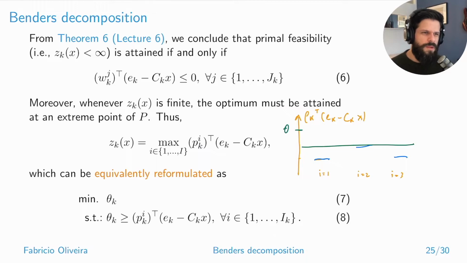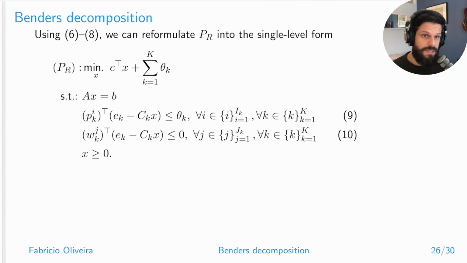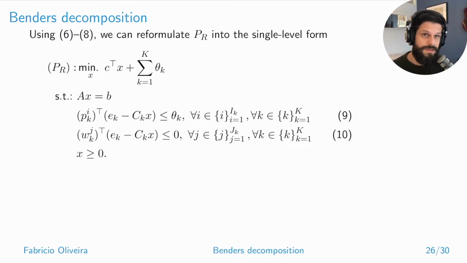By the way, up to this point, the question that must be in your head is, why on earth are you doing that? Why are we making this so complicated? Well, in the hypothetical, perhaps unrealistic setting where we assume that we have all the extreme rays and extreme points, by doing so, we recover a tractable formulation of our problem.